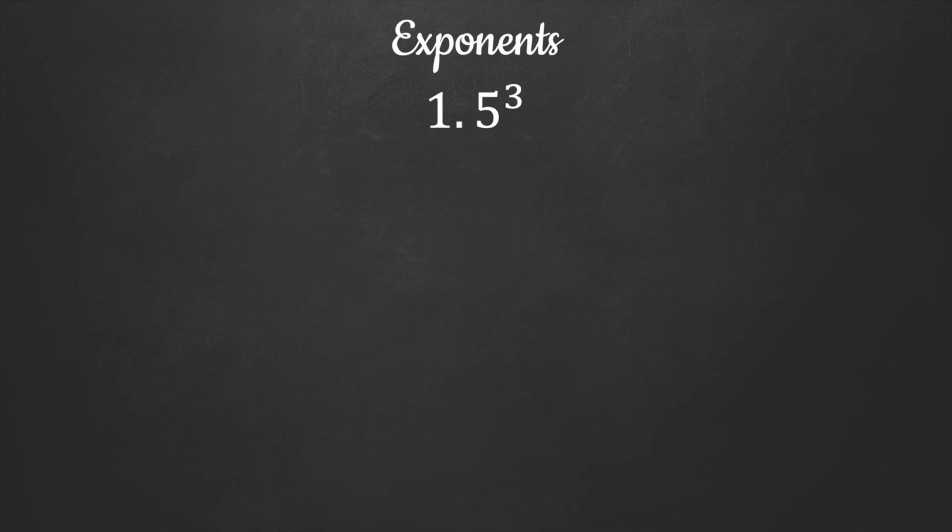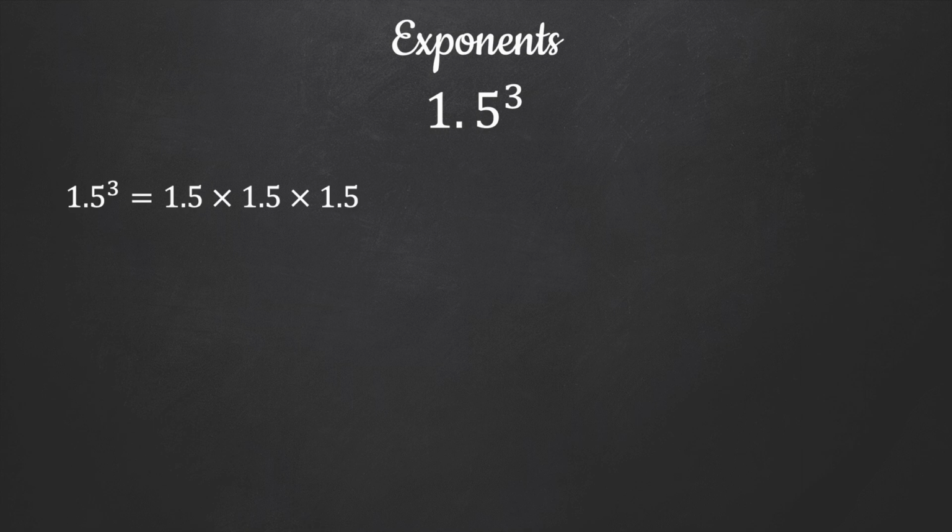Here we have another example, which is 1 5/10 to the power of 3, or we could read this as 1 5/10 cubed. In order to evaluate this expression, the first thing we need to do is write 1 5/10 cubed using repeated multiplication. So that means we're going to take our base 1 5/10 and write it out 3 times because our exponent is 3.